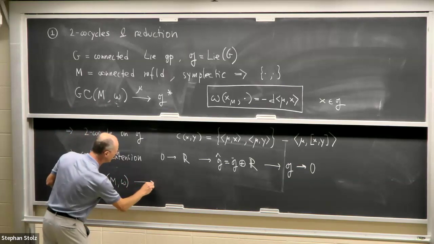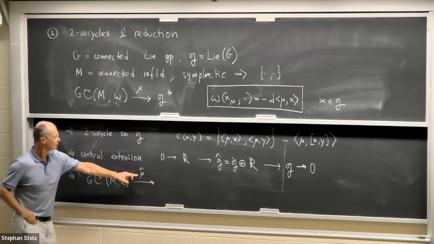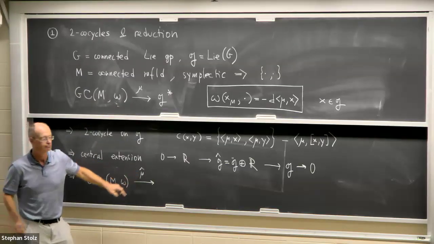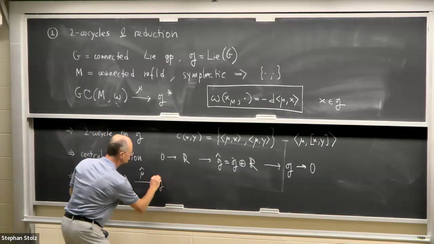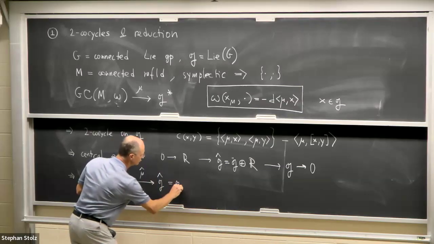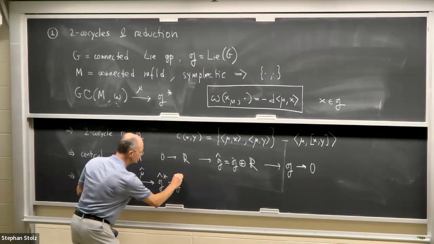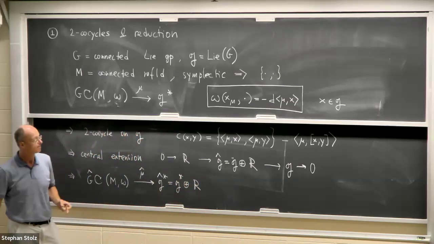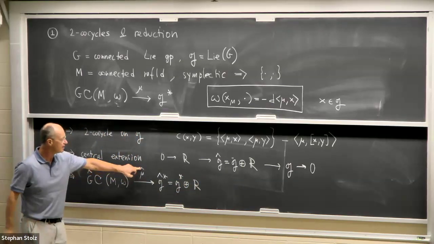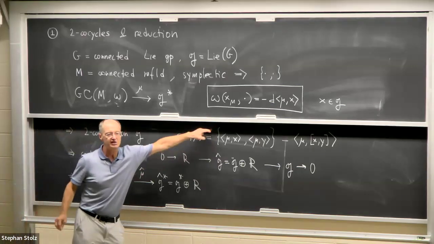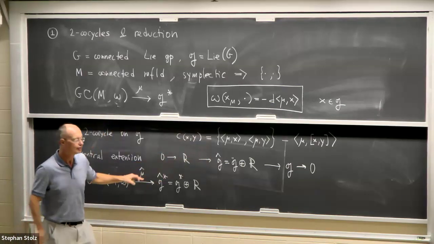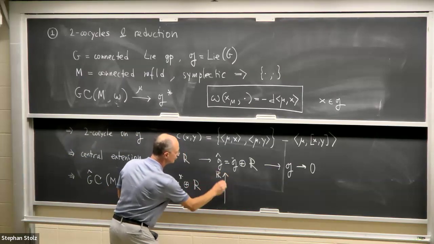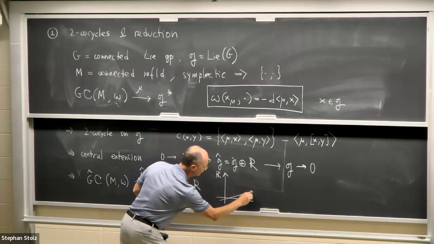And then you upgrade your map mu to the map mu hat, which goes to G hat star, which is G star plus R star. R star is still R. And actually, this map mu hat, depending on whether the central extension was trivial or non-trivial, looks as follows. So let me draw the picture in the following way.